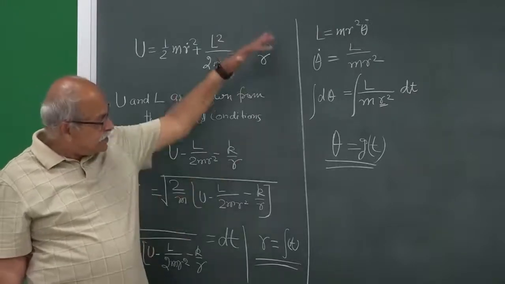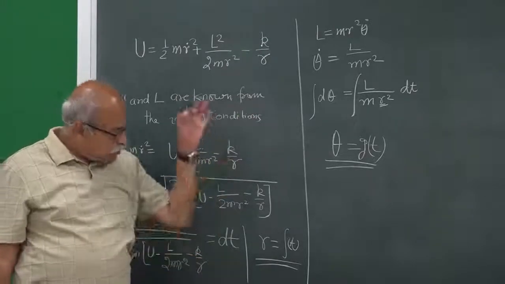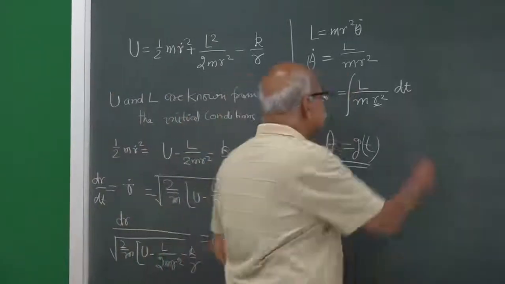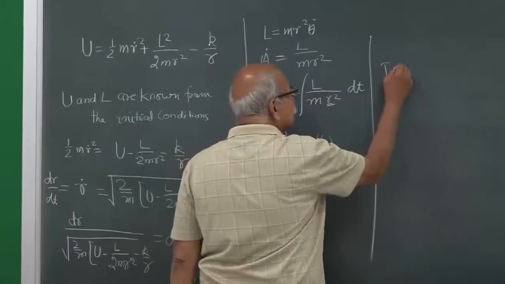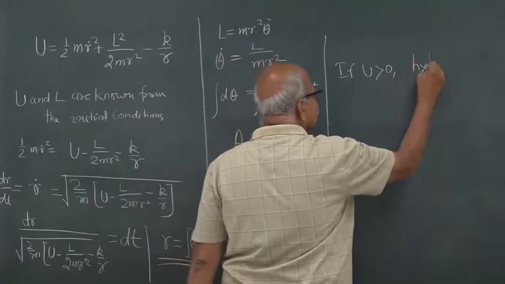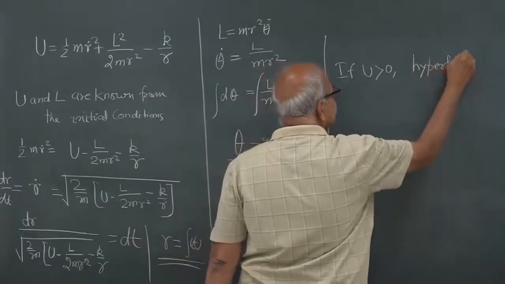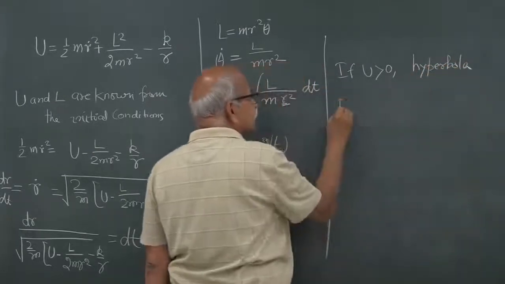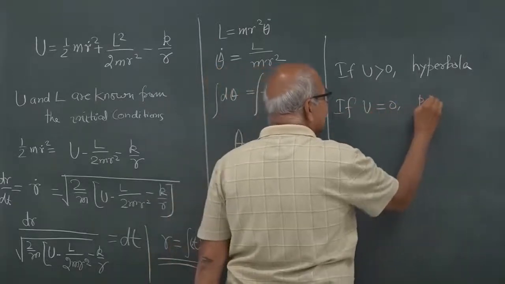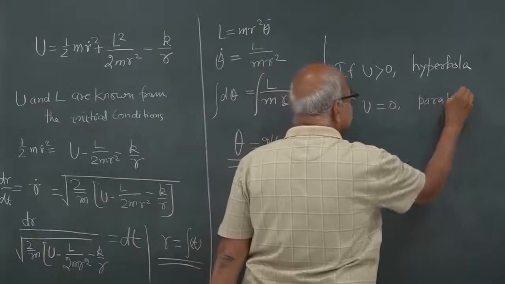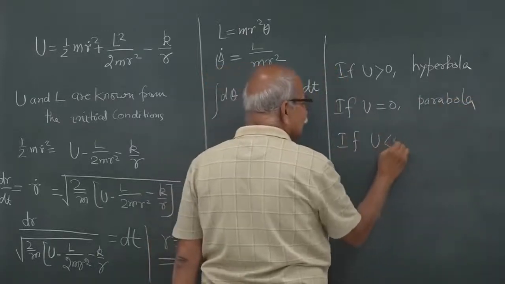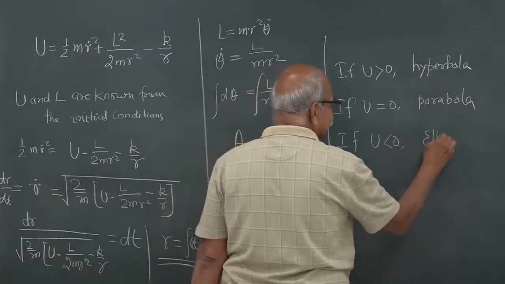So, this is the way one can calculate and come out with the exact equation: if U is positive, it is a hyperbola. If U is equal to 0, it is a parabola, and if U is less than 0, it is an ellipse. Finish.